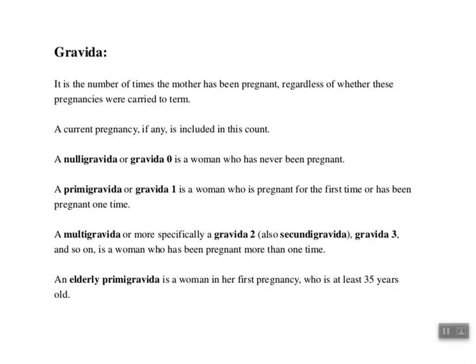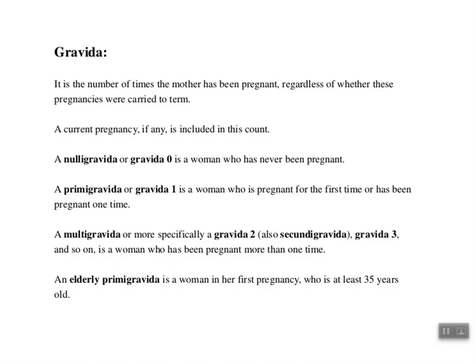Whatever was conceived is included in the gravida. A current pregnancy, if any, is included in this count. So if the mother is currently pregnant, she is counted in gravida. For example, G1, P0, A0, L0 means the mother has conceived for the first time.